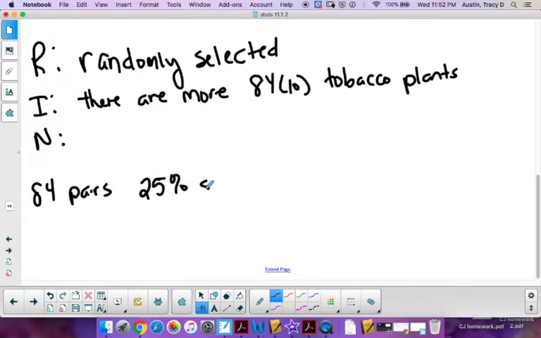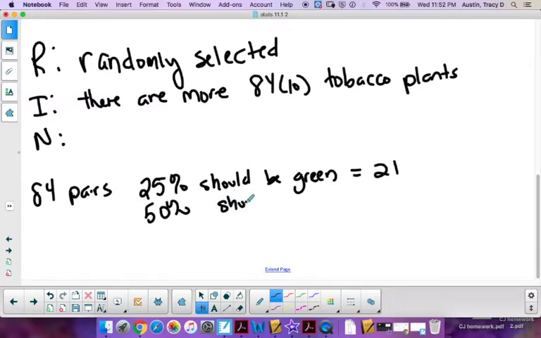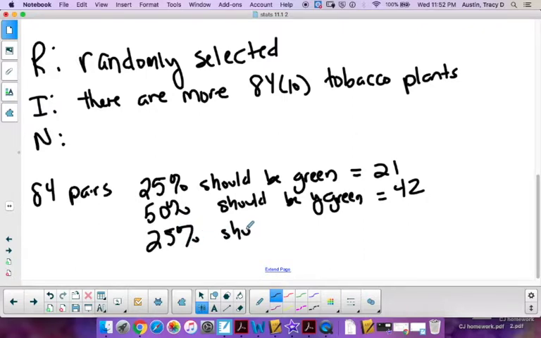25% should be green. How much is that? Well, that's 25% of 84. Okay, 50% should be yellow-green. Well, 50% of 84 is 42. And 25% should be yellow.